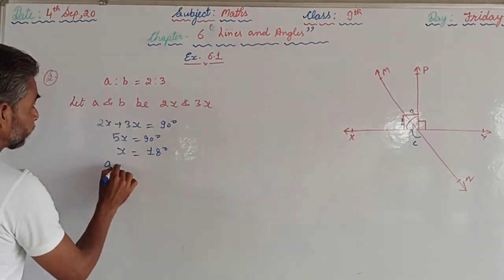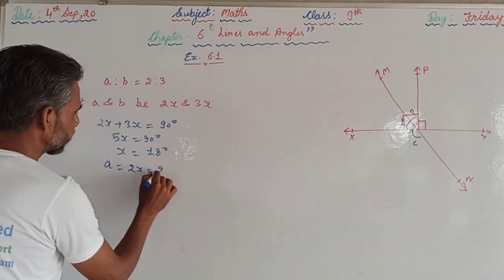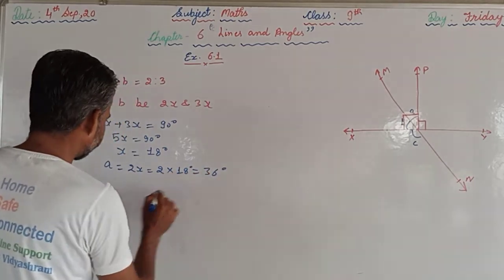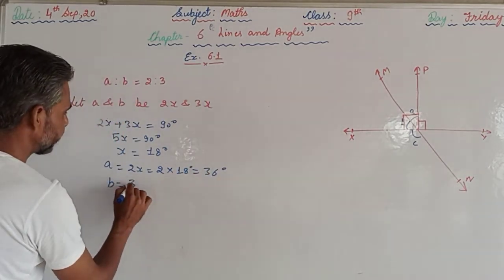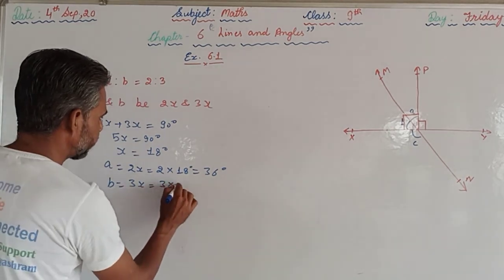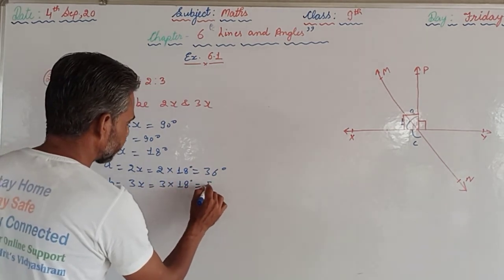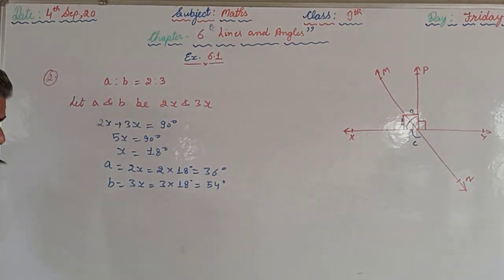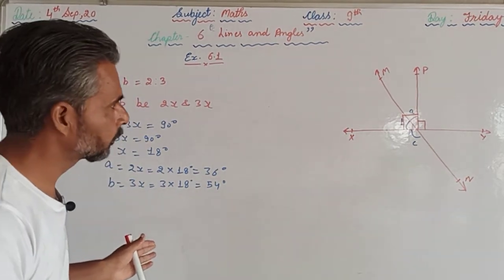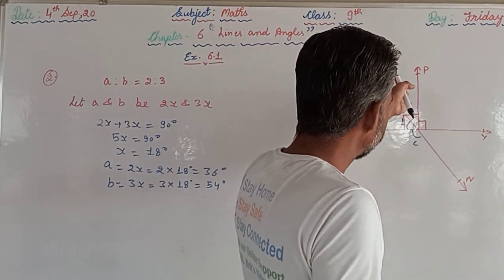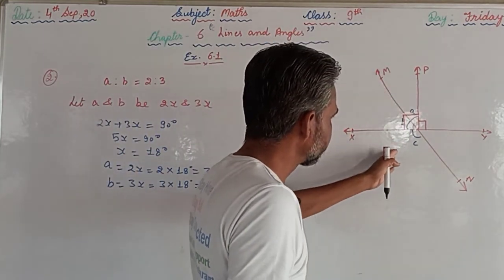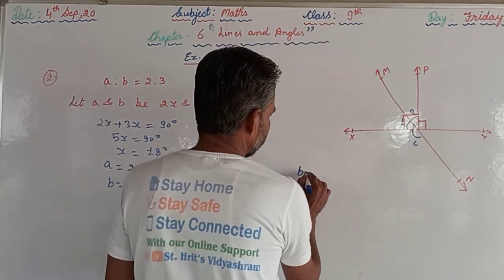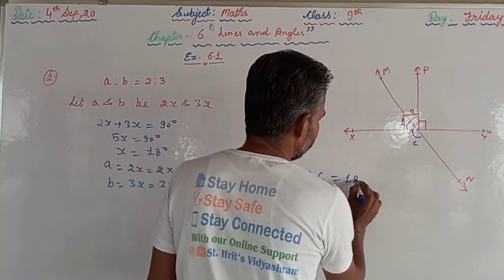A will be 2x, 2 into 18, 36 degree, B will be 3x, 3 into 18, that is 54 degree. So A and B already we have calculated. Now we have to find C. So angle B plus C will be equal to 180 degree. Why?